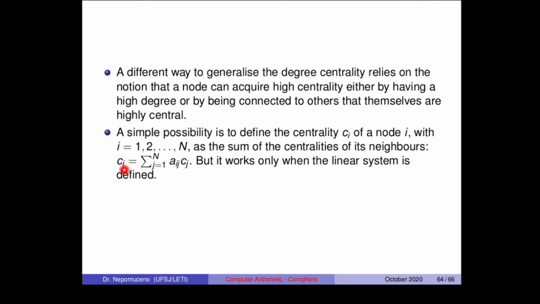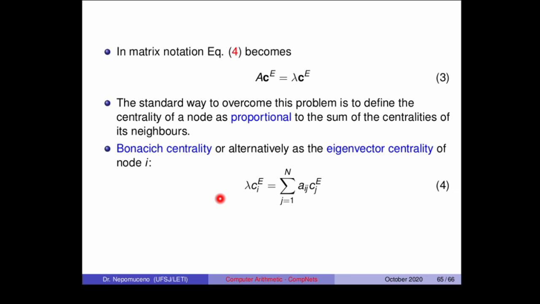So the centrality c is the sum of centralities of all the neighbors. But it works only when the linear system is defined. In matrix form, equation 4 becomes A c equals gamma c.